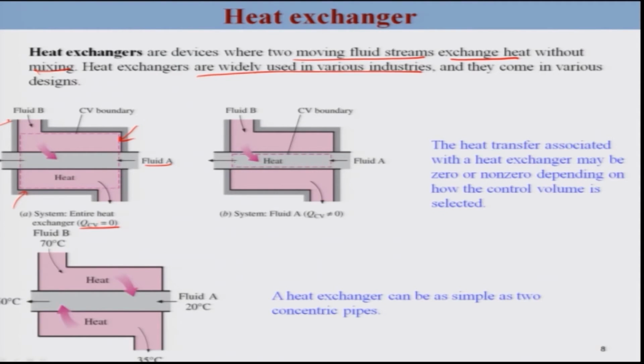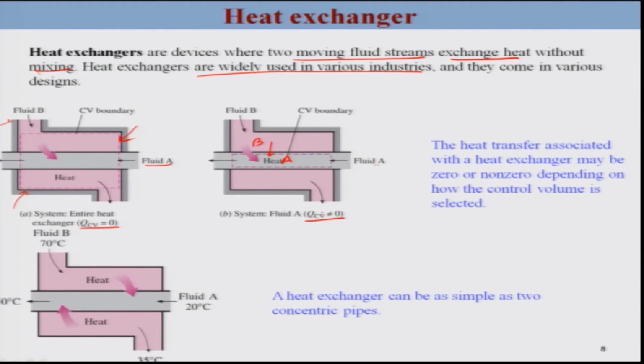On the other hand, if you take the control volume boundary within the pipe of fluid A, then there is a heat transfer from outside of this control volume, that is from B to A, and thus your QCV is not equal to 0. So it depends on how you choose your control volume; depending on it, your heat exchange may be 0 or non-zero. That is the heat transfer associated with a heat exchanger.